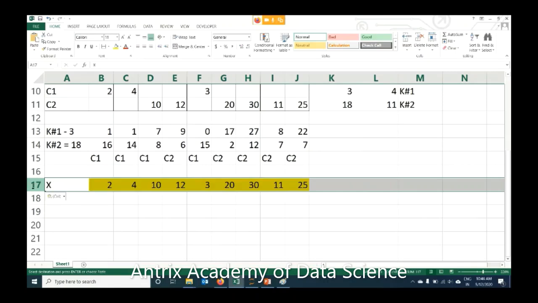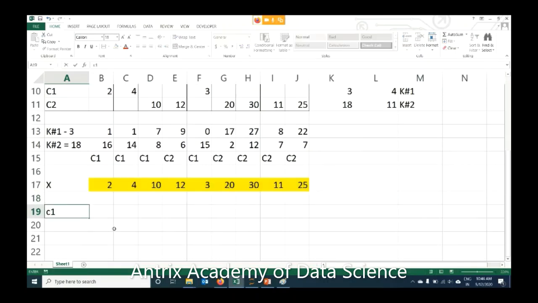So my C1 is here, C1 is lower, so I take C1. I'll take C2 also parallelly. This is again C1. This is again C1. Then C2. Then C1. C2. Then again C2. Then C2. Then C2.